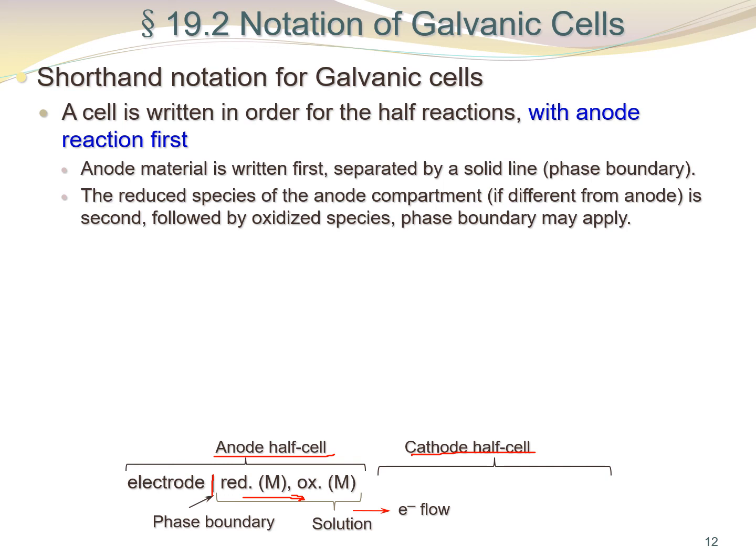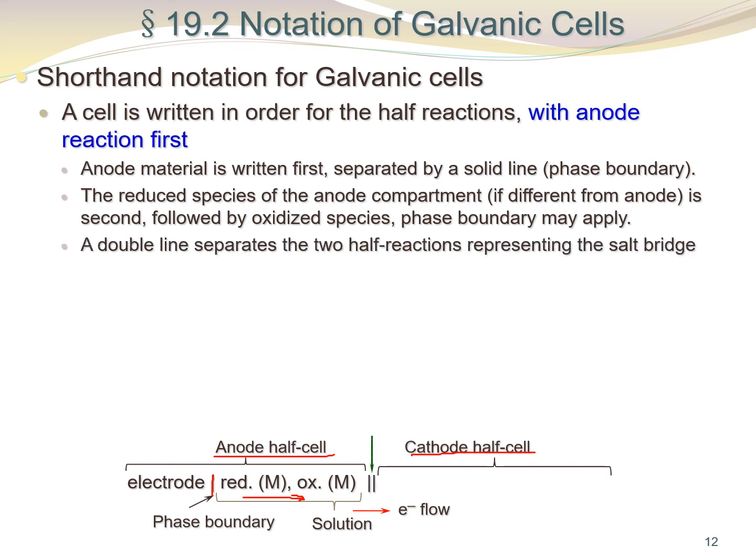Once we list the electrode, a bar to separate solid from the rest, for example if that's liquid, we need to give the concentration sometimes if they're given. And after we list those reduced species, followed by the oxidized species, that's pretty much it for all we have in the anode chamber.